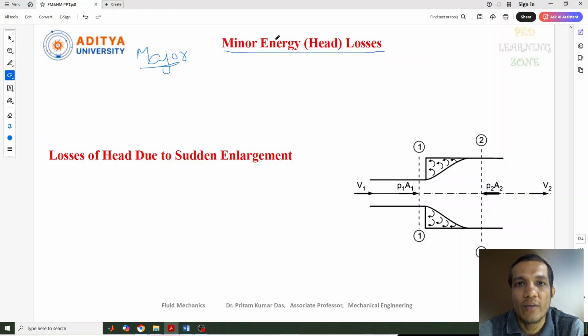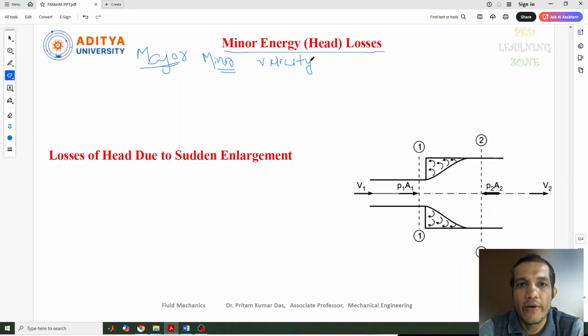But when it comes to the minor loss, we need to consider the velocity mostly. It is the loss of energy due to change in velocity.